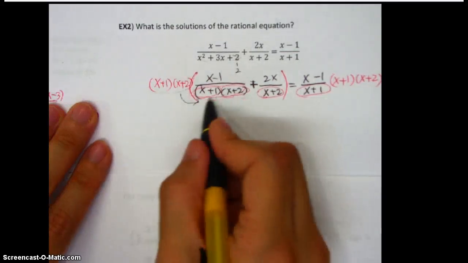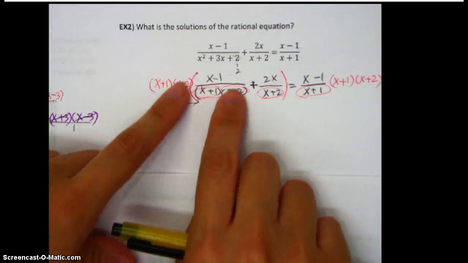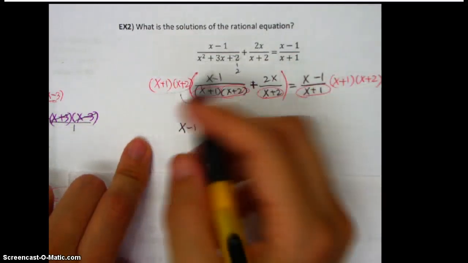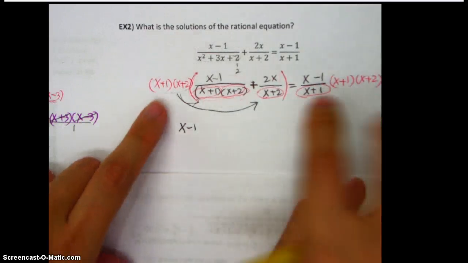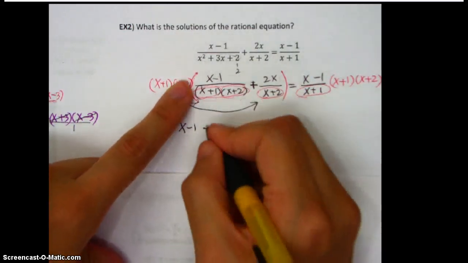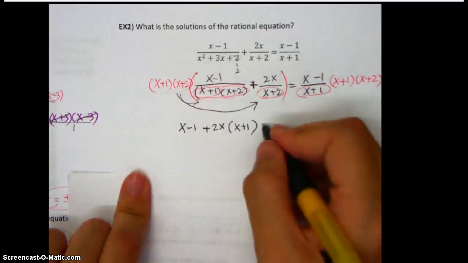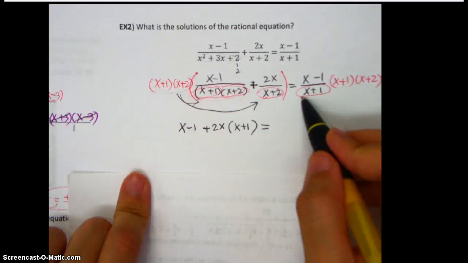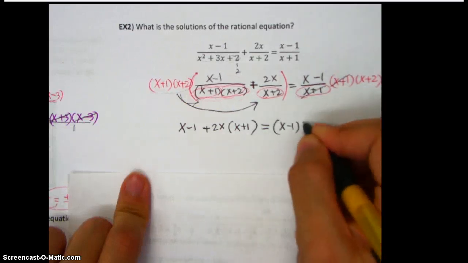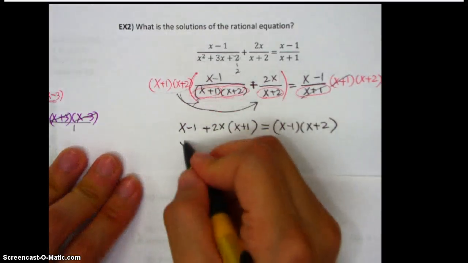This times that, it seems like we have two common factors, so both of them will be cancelled. I will only have x minus 1. And if I distribute to here, it seems like x plus 2 will be cancelled. I will have 2x times x plus 1, is equal to, x plus 1 and x plus 1 will cancel, so I will have x minus 1 times x plus 2. Now it's just a matter of distributing and simplifying.